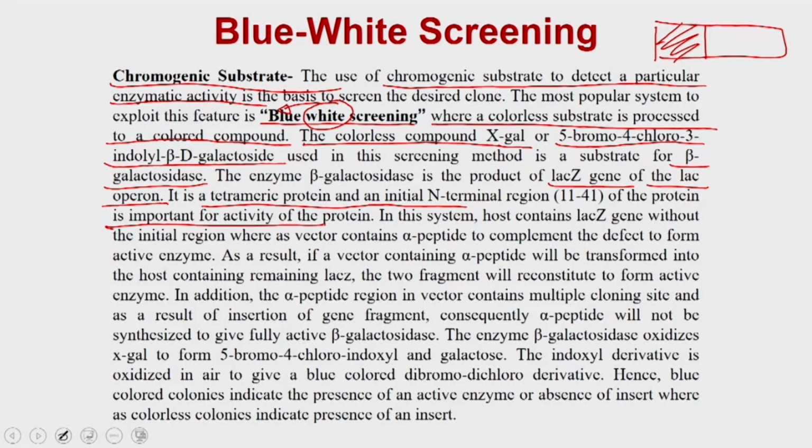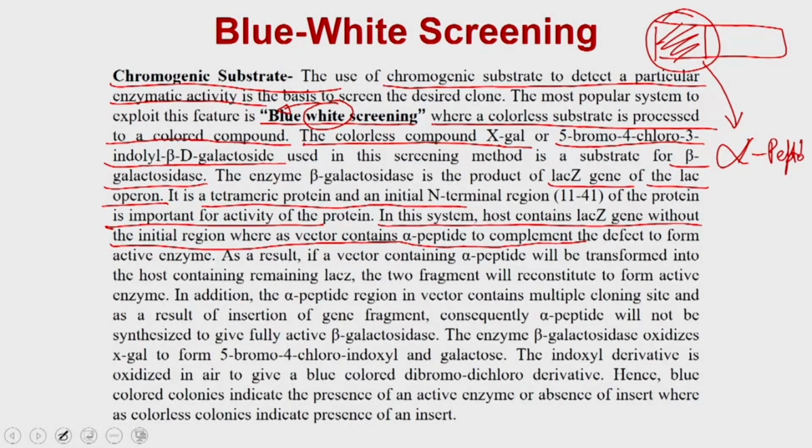So, in this particular system, you take the host which lacks the initial region of the lacZ gene, whereas the vector contains it. This particular region, which is 11 to 41, is called the alpha peptide, or the alpha region.